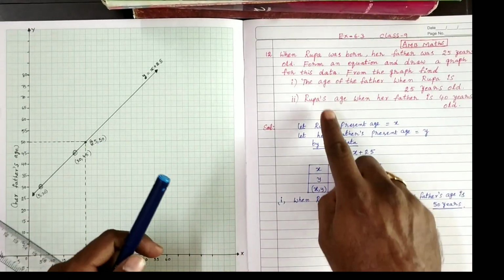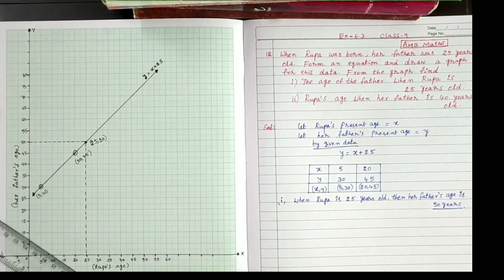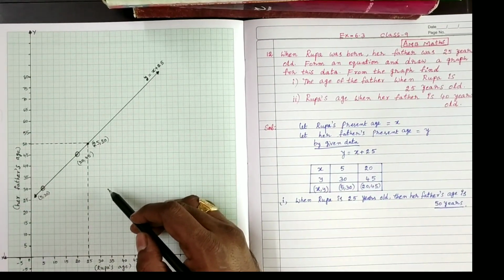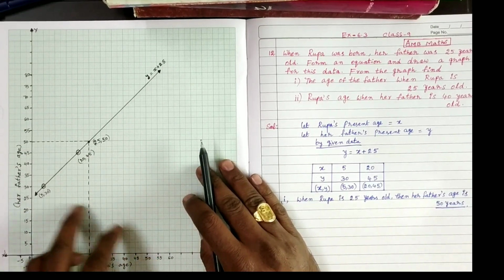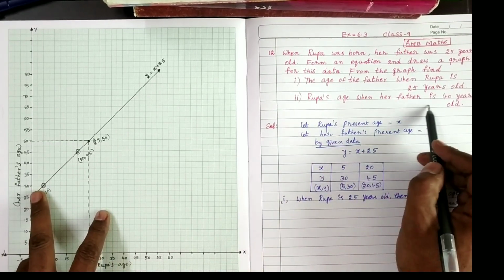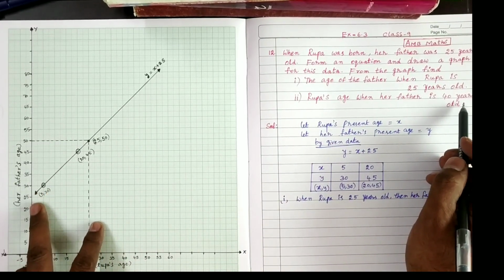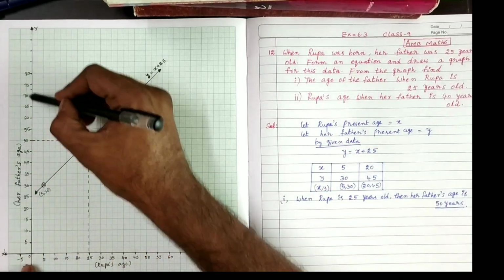The second one is Rupa's age when her father's age is 40 years. By observing the graph only, we have to find the answer. Her father's age is indicated on the y-axis.